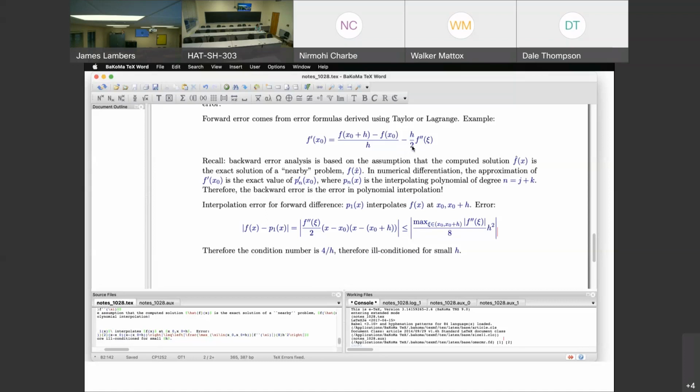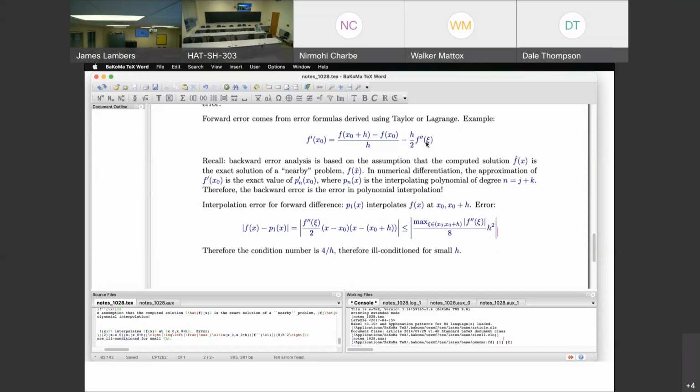So there's no hard and fast rule that would apply to all functions, because it depends on derivatives of f and so forth. So that's one thing that's unfortunate, that we have an ill-conditioned problem.